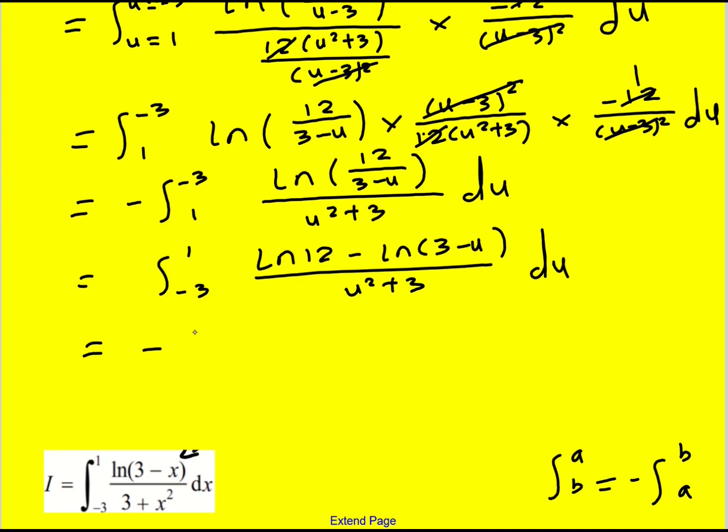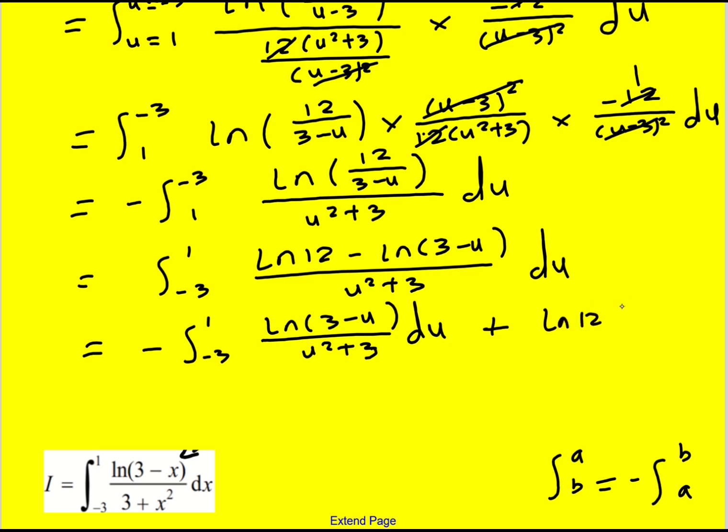I've got minus the integral from minus 3 to 1 of ln 3 minus u over u squared plus 3. And then I'm going to be adding ln 12, brought the constant out, times the integral from minus 3 to 1 of 1 over u squared plus 3. Don't forget that is I.